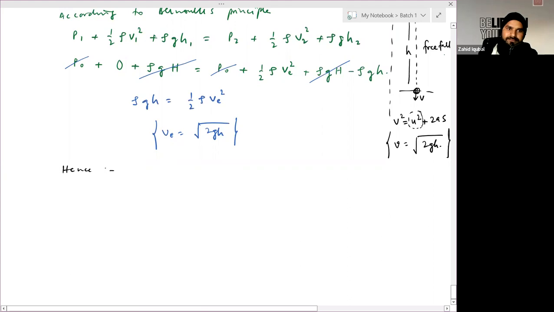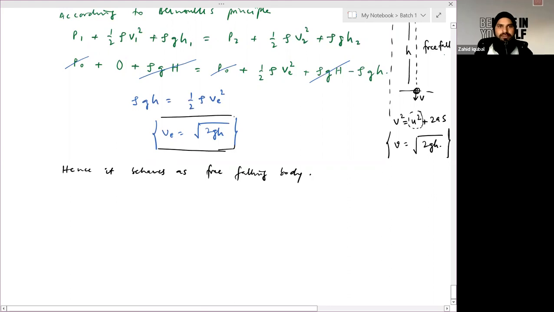Hence, it behaves as a free falling body under the effect of gravity. So according to Torricelli's law, if liquid falls through height h, it behaves the same as a body falling under the effect of gravity.